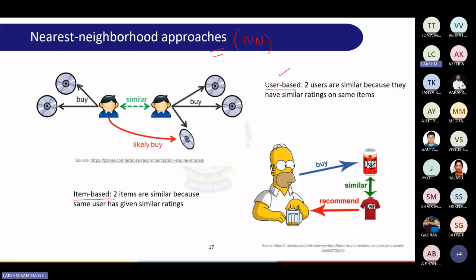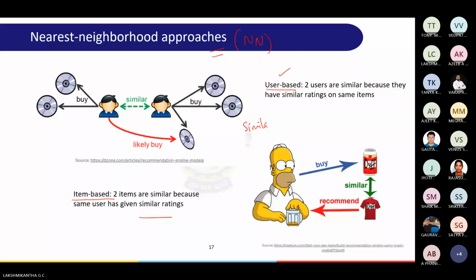Then what about item based? Find items similar to the items under consideration based on ratings from many users. Guys, how is similarity computed? You are going to use cosine similarity, Pearson correlation, or adjusted cosine methodology. For example, let me take cosine. In cosine, let me write here: similarity.